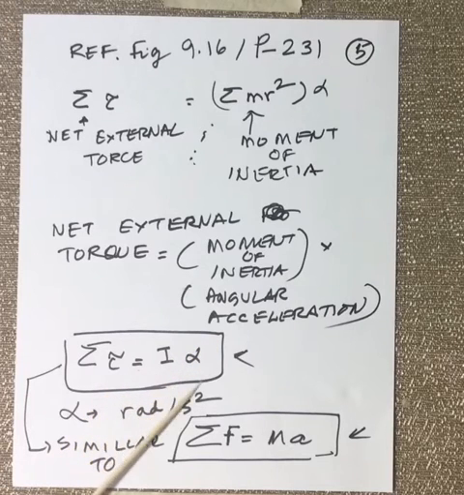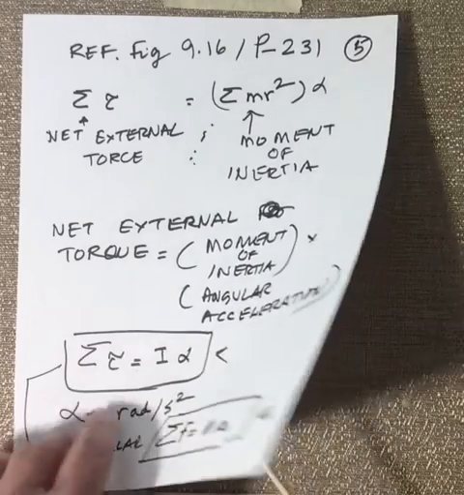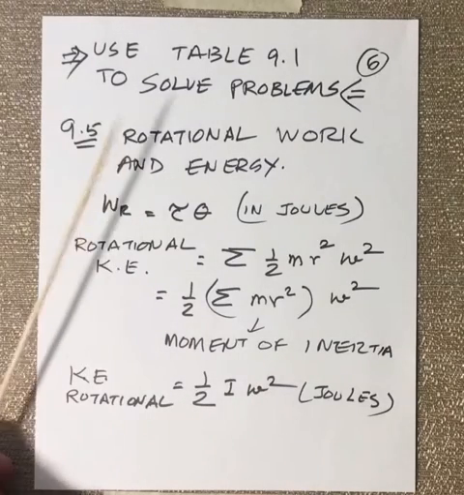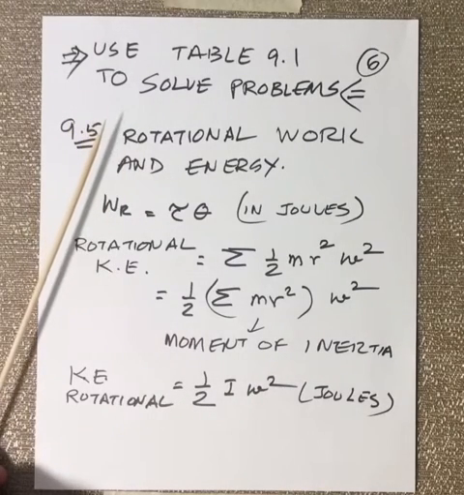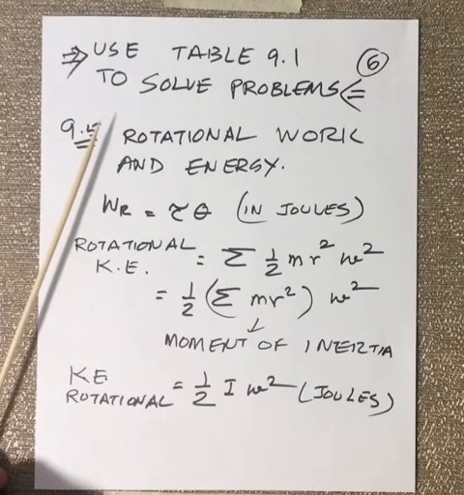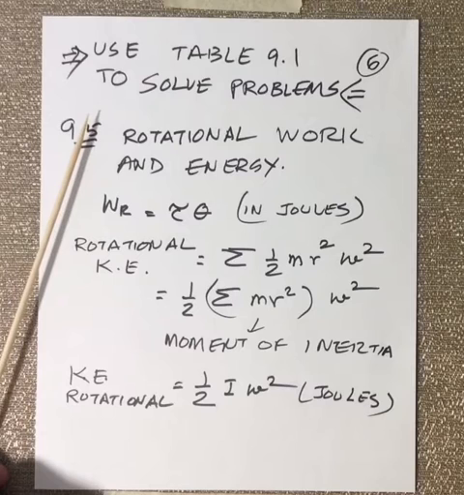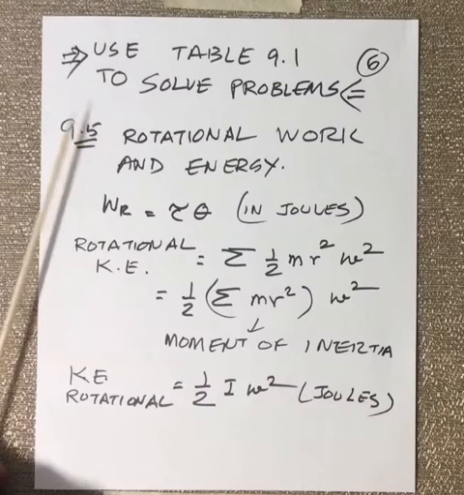Finally, this is the equation you have, and you can compare that to force equals mass times acceleration as per Newton's law. There is one table, which is 9.1, and that will be helpful to solve problems. You have different objects with moment of inertia shown to you.